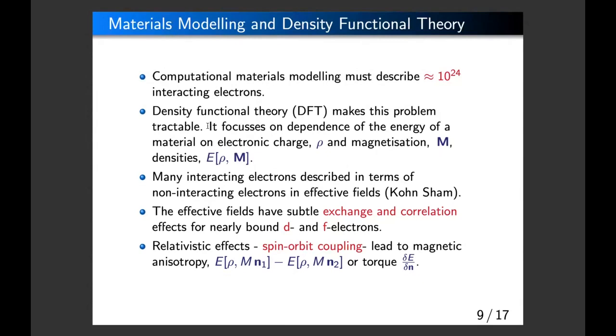What it really does is it focuses on the energy of a material, even the ground state energy, which in principle has some horrendous dependence on a many-electron wave function with the Pauli exclusion principle incorporated, etc. And what it then says is that this energy can be written down in terms of the electronic charge density and the magnetization density.